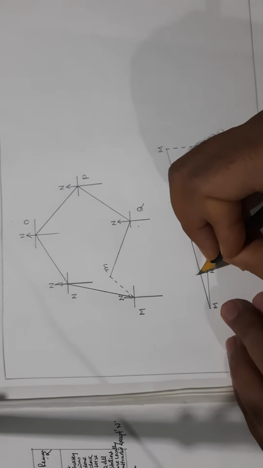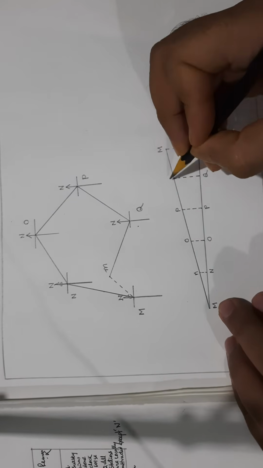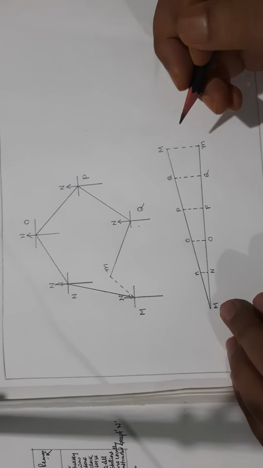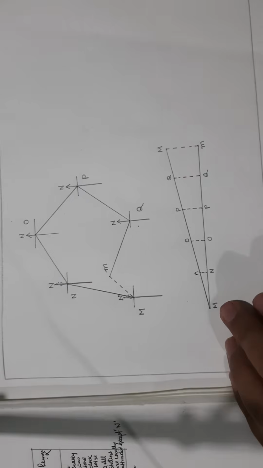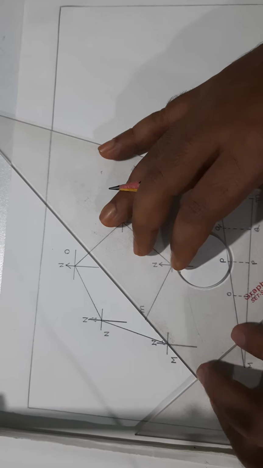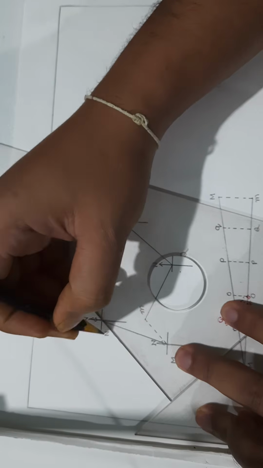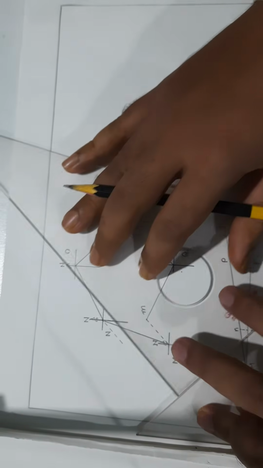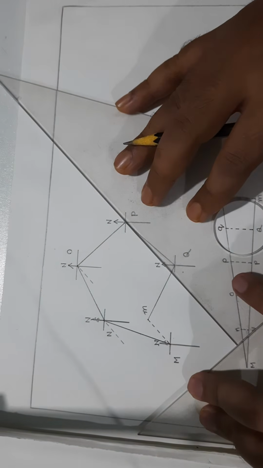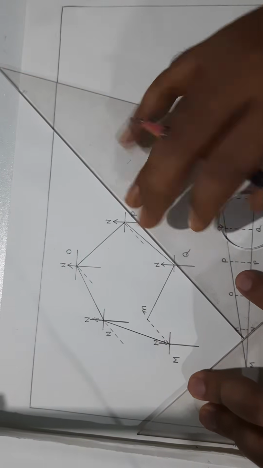For example, this one for N, this one for O, this one for P, and this one for Q. So N, O, P and Q. Now we will draw some correction lines for each station, for N station, for O station, for P station, and for Q station.